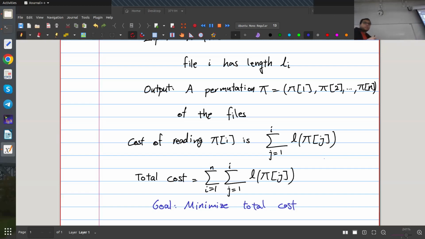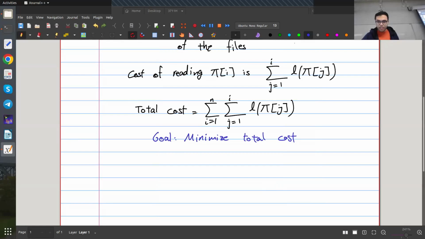If I put a file at position 2, it doesn't contribute to the cost of file 1, but it will contribute to the cost of file 2 and everything after that, and so on. So my first file will contribute to this total cost n times. My second file will contribute n minus 1 times, and so on. So generally speaking, I would prefer shorter files first, right? This is my intuition, and this is also my algorithm.